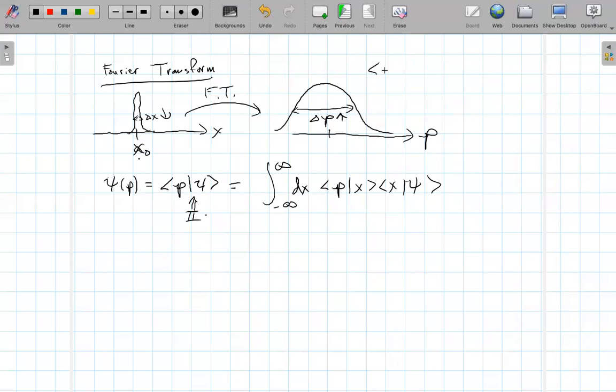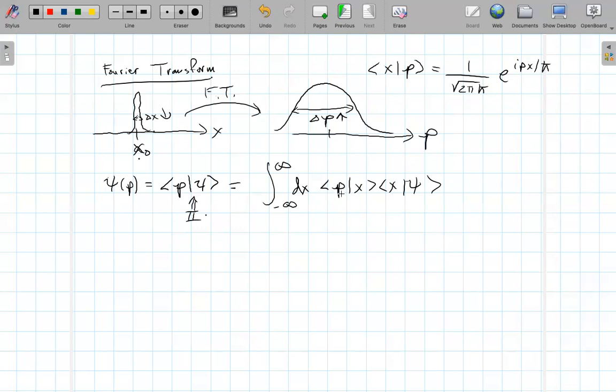And remember last time we found that the transformation matrix from momentum space to position space was equal to, make sure I get my constant right here, 1 over the square root of 2 pi h bar times e to the, in the positive, i times p times x divided by h bar. Okay.